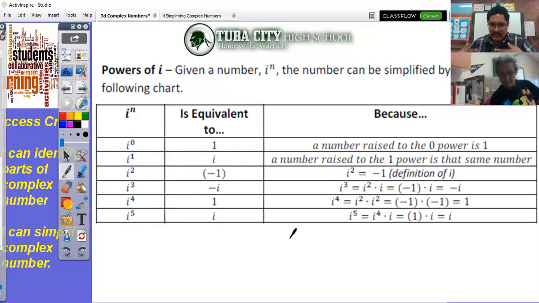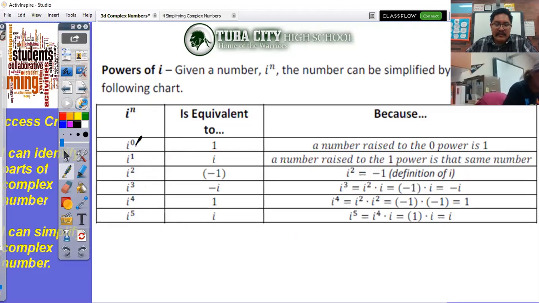And we have this chart here. So this chart looks pretty complicated. But it's actually kind of easy once you know what the pattern behind this chart is. So here again, we have the powers of i, so i to the n power, and we increase the power by 1 each time.